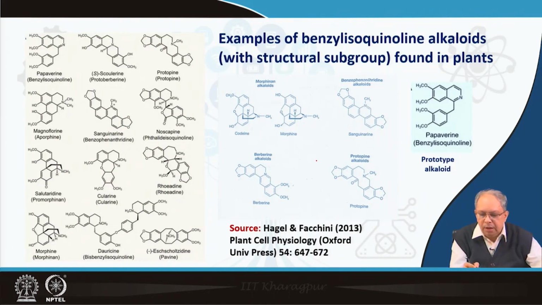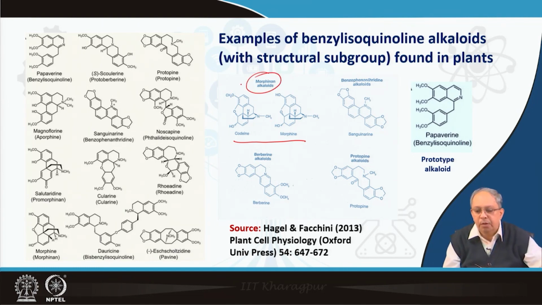On the left side are the structures of different alkaloids, and on the right side I am showing the major alkaloids of pharmaceutical importance: one from the morphinan group, that is codeine and morphine, another from the benzophenanthridine group, which is sanguinarine, the third from the berberine group, the example being berberine, and the fourth from the protopine group, the example being protopine.